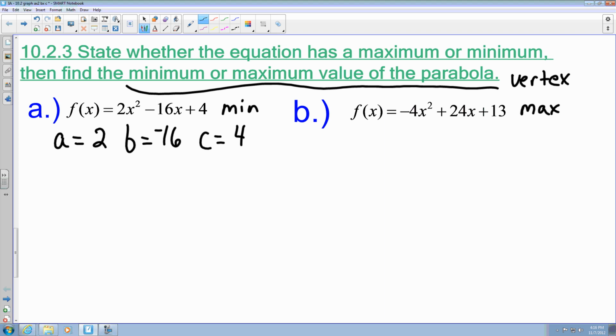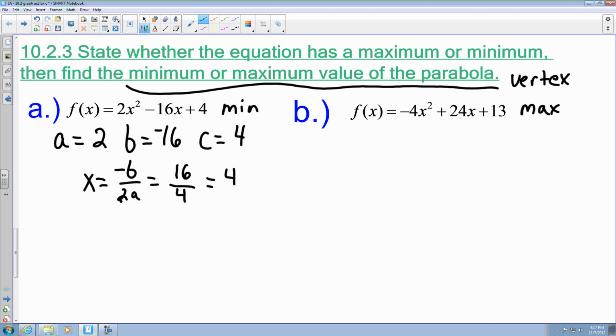The x value is with the equation x equals negative b over 2a. I'm going to substitute in my negative 16. Because I have the negative here with the b, that's going to be a positive 16 divided by 2 times 2, which gives me 4. And then 16 divided by 4 equals 4.